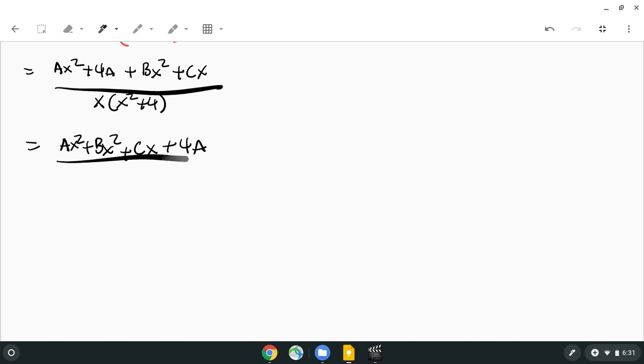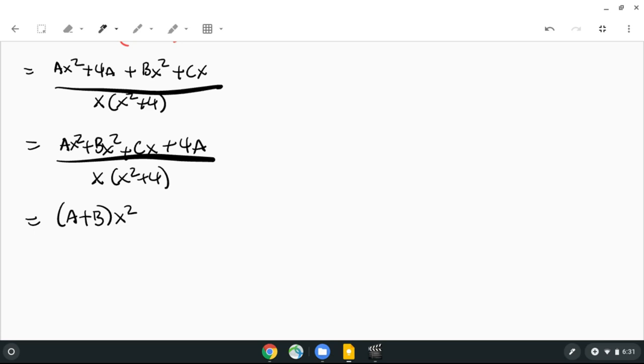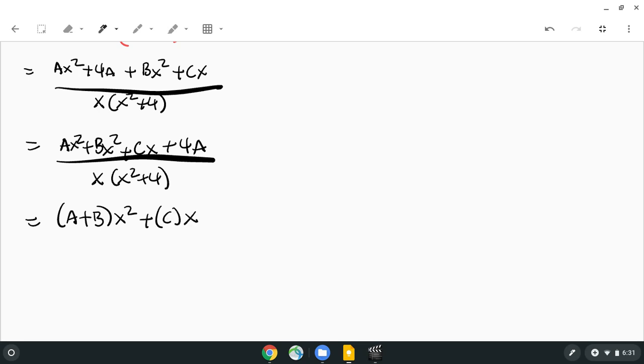All over x squared plus 4, okay? Factor out that x squared. So I get in parentheses a plus b times x squared, plus cx, and that 4a is by itself as well. Okay, all over x squared plus 4.